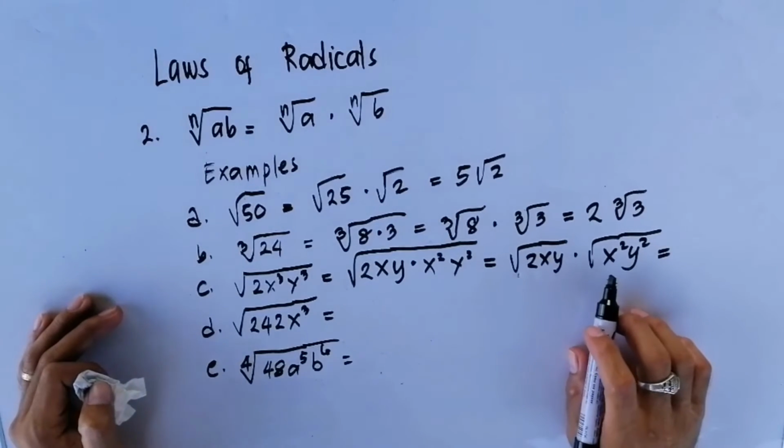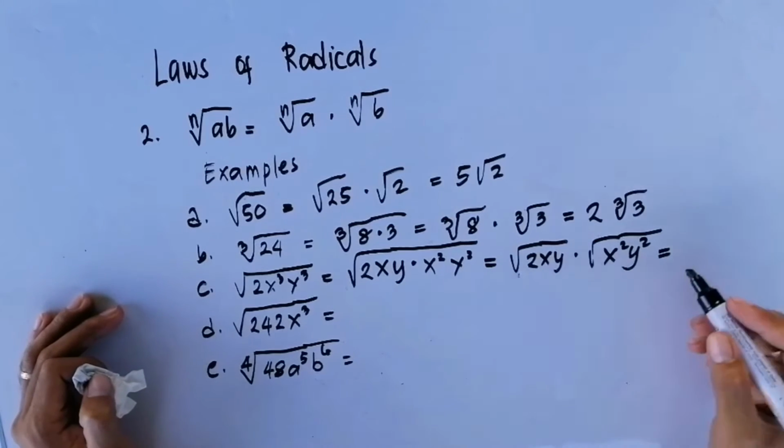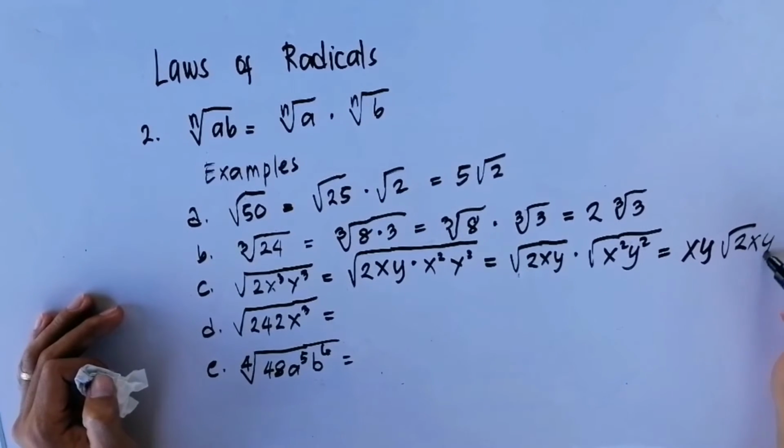So the square root of x squared is x and the square root of y squared is y, so that is xy times the square root of 2xy.